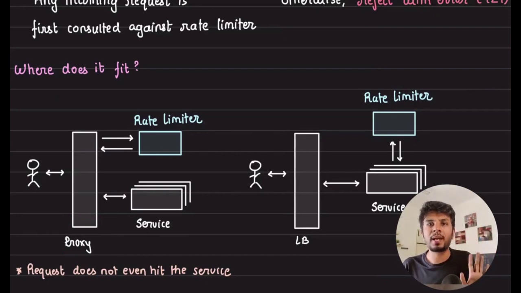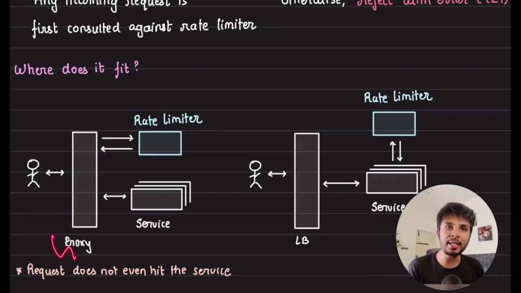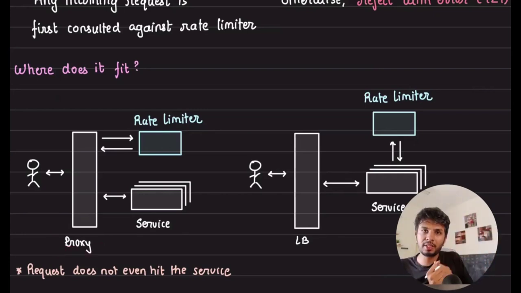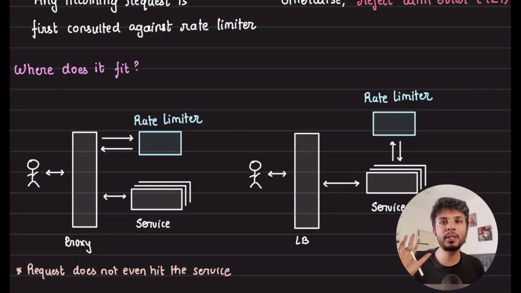It could also be a load balancer, not denying it, right? Maybe Nginx, maybe HAProxy, something. If there exists a front-end proxy through which all the requests come in, now what you can do is make this front-end proxy talk to the rate limiter and see whether that request is allowed or not.